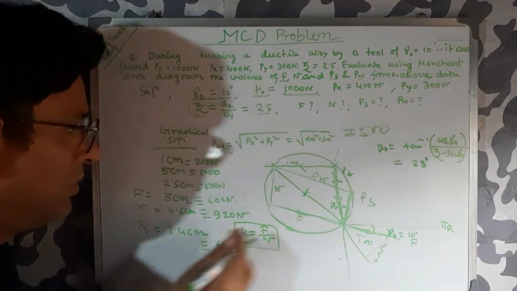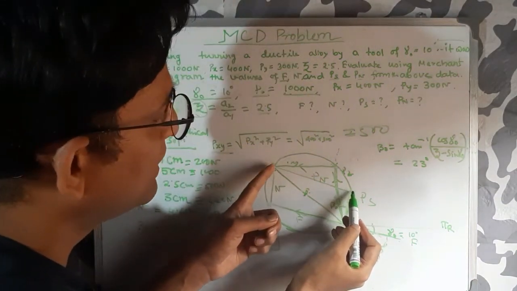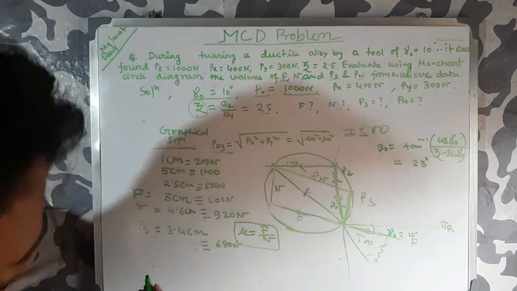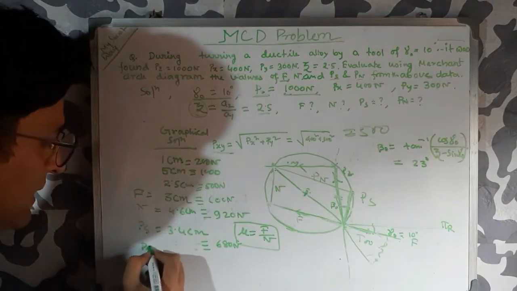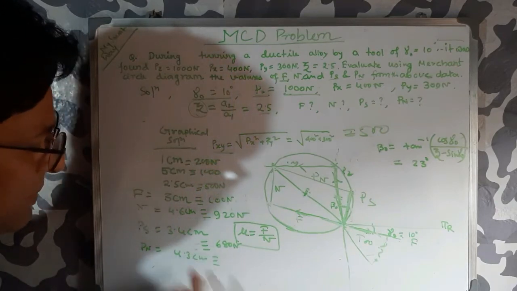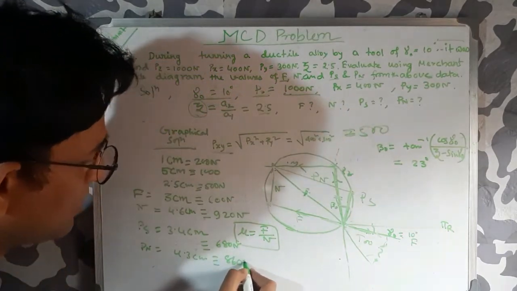Again, you can find the value of PN also by using a scale. Just put the scale and measure this length, and suppose PN comes out as 4.3 centimeter. So multiply by 200, you will get the value of 860 Newton.